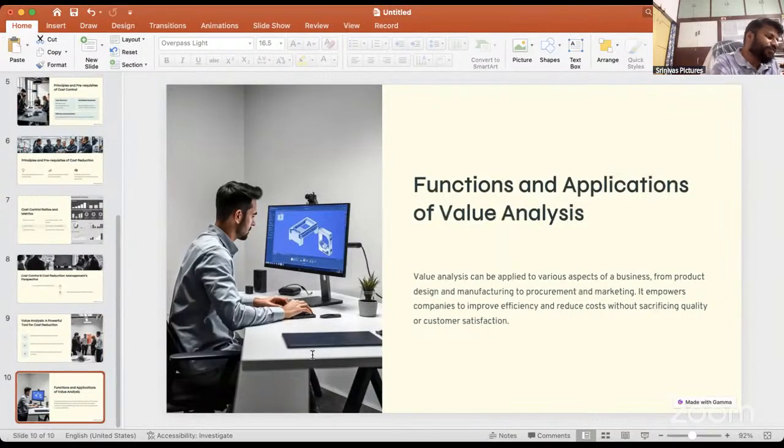Next, here the very important keywords are activity ratio, actual cost, budget, budget control, capital expenditure, cost control, efficiency ratio, inventory management, productivity, responsibility center, standard costing, value analysis, variance. These all are very important.